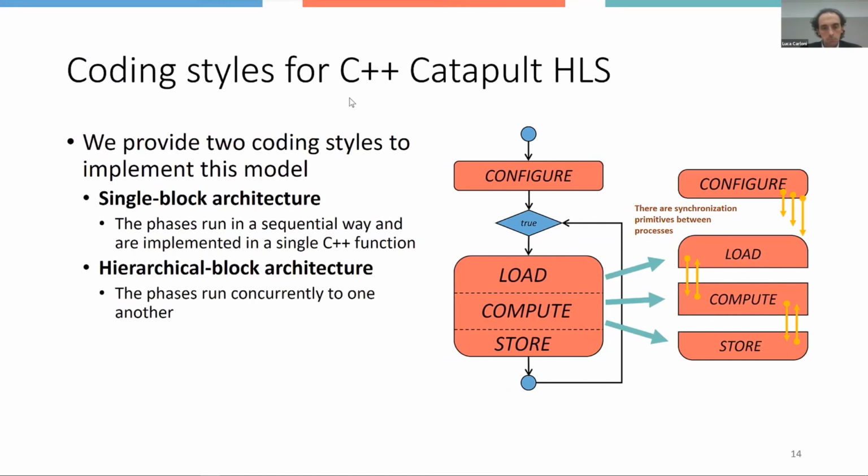There is the first, simpler block architecture. In this case, the phases run in a sequential way and are implemented in a single C++ function. We will see this in a couple of slides. And then we have a hierarchical block architecture. In this case, the phases run concurrently to one another.